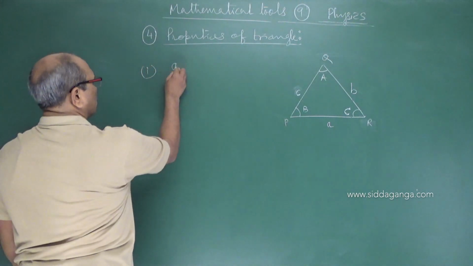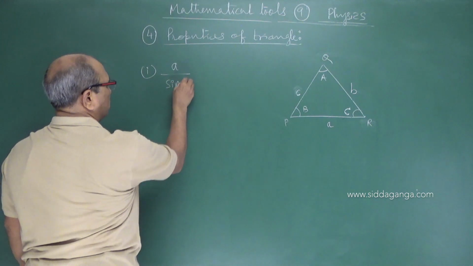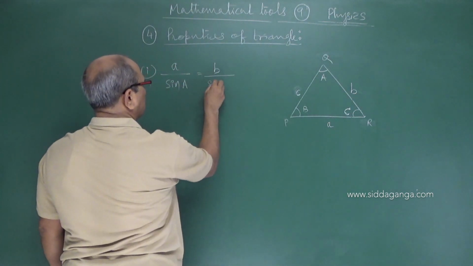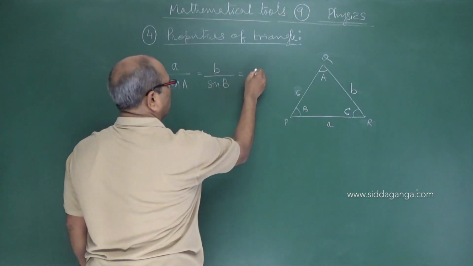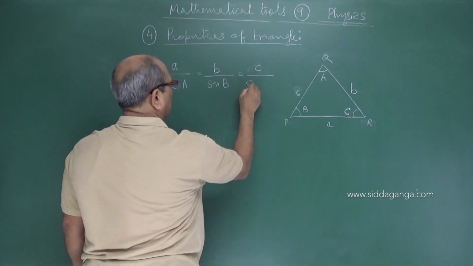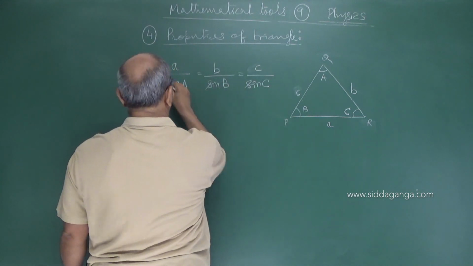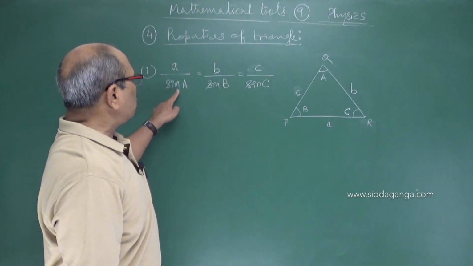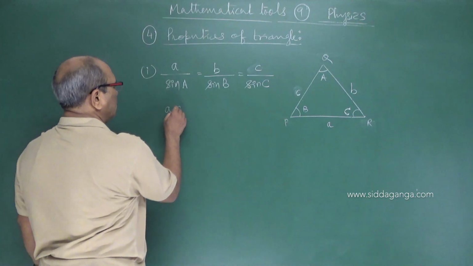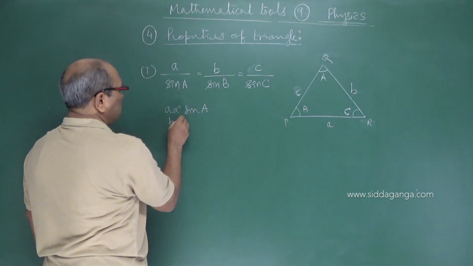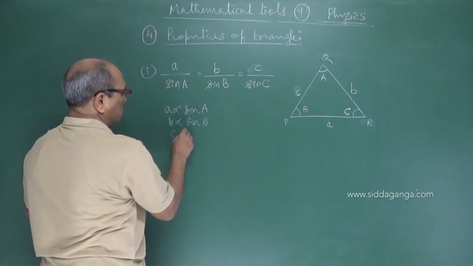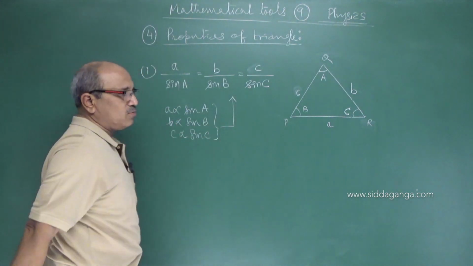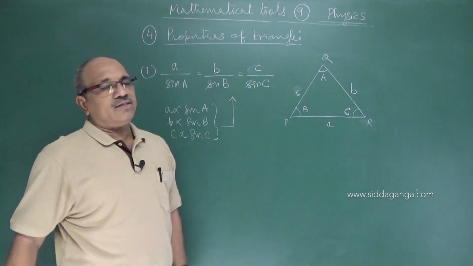That means a by sine A is equal to b by sine B, equal to side c by sine angle C. Or I can say a is proportional to sine A, b is proportional to sine B, c is proportional to sine C. If I remove the proportionality and bring a constant, I write it in that ratio.